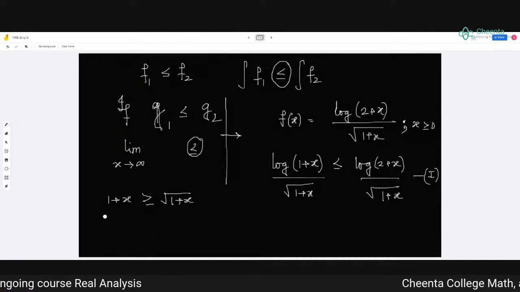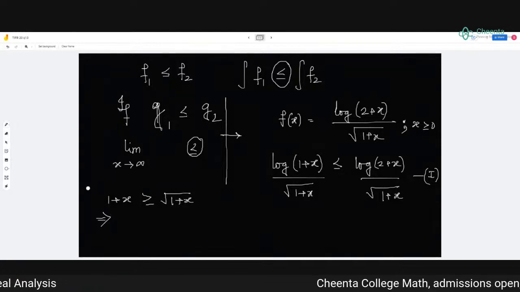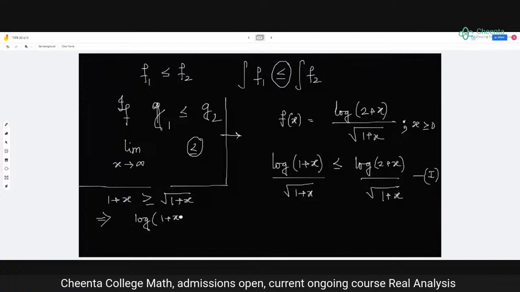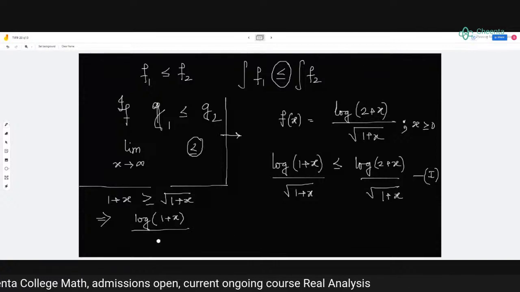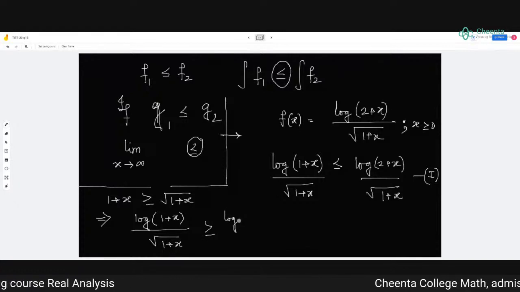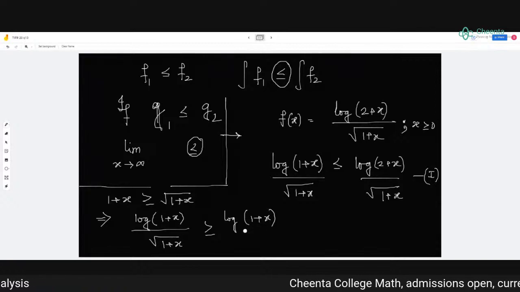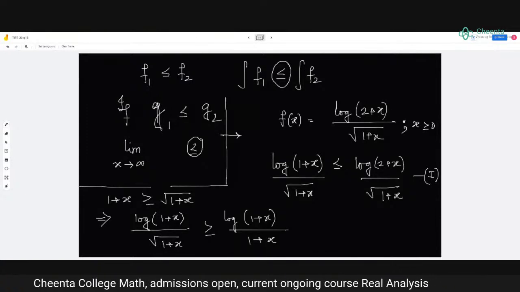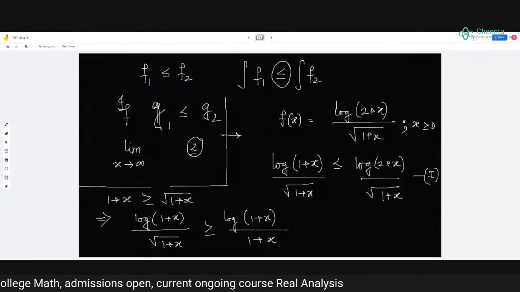So from here we will see that log of (1 plus x) by root of (1 plus x) is greater than or equal to log of (1 plus x) by (1 plus x), by just using what happens in an inequality whenever we take the inverse.